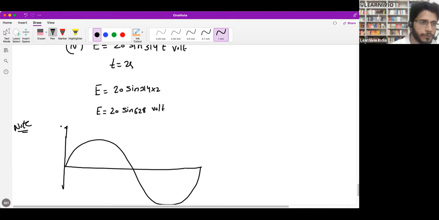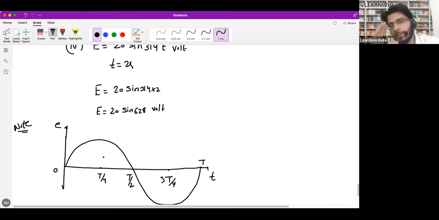So this is the EMF versus time graph. This is 0. This time is T by 2. And this time is capital T. This is T by 4 time. And this is known as 3T by 4. So this 0 to T is the time taken by the coil to complete one rotation. This T by 2 is the time taken by the coil to complete half rotation.